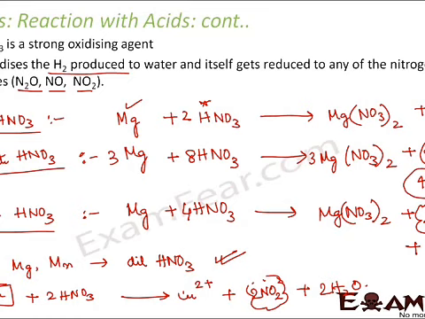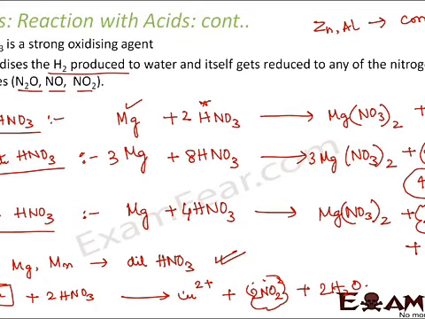There are also metals which react with dilute nitric acid, and they also react with concentrated nitric acid. However, there are certain metals which do not react even with concentrated nitric acid, and such examples are zinc and aluminium.